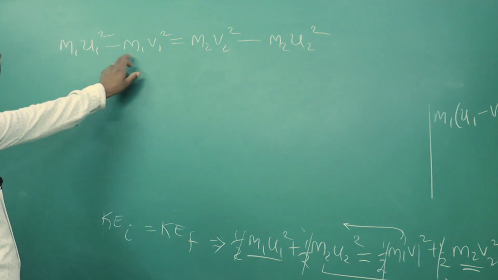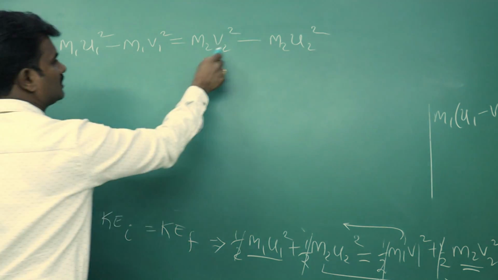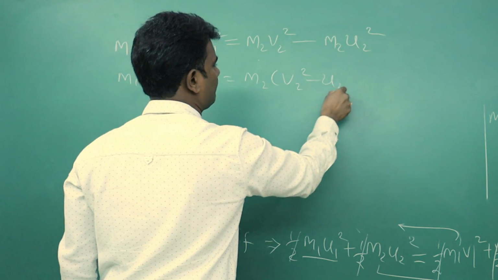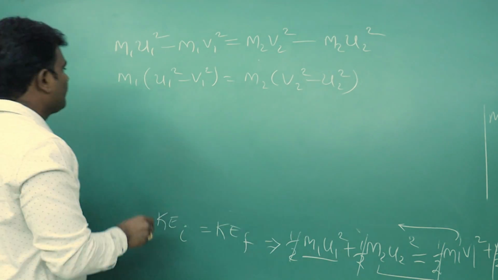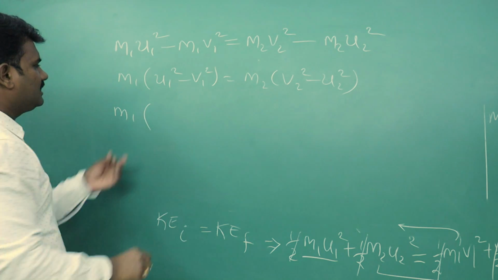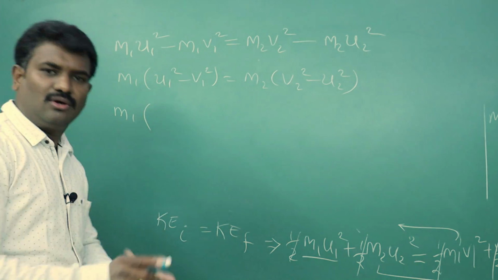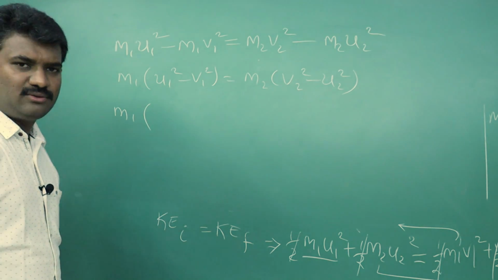Now I am going to take m1 as common here, m2 as common here. Is it like a square minus b square? So it can be written as a minus b into a plus b.